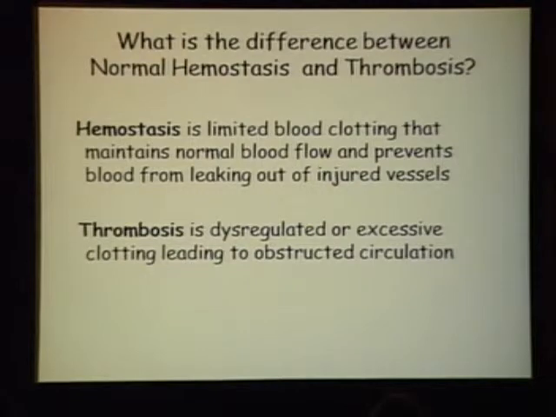And this is what we're going to try to explore. Hemostasis is limited blood clotting that maintains normal blood flow and prevents the blood from leaking out of vessels if they're injured. On the other hand, thrombosis is dysregulated, usually excessive clotting that leads to obstructions in the normal circulation.